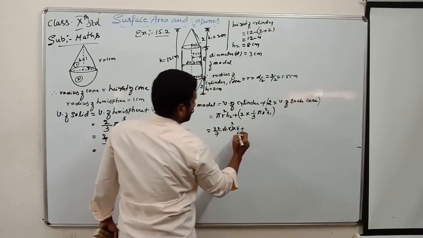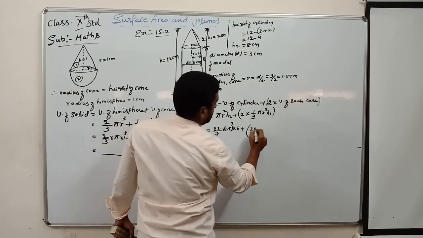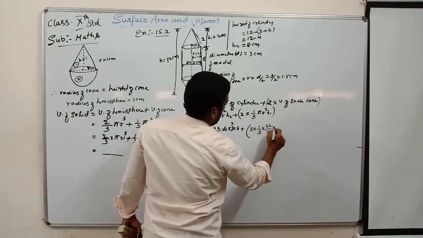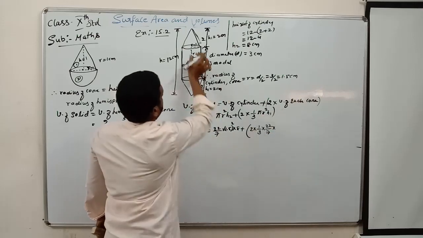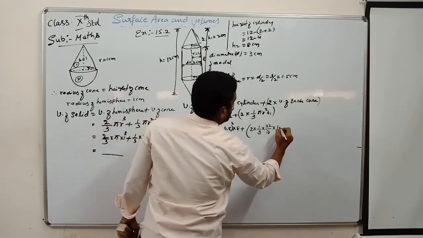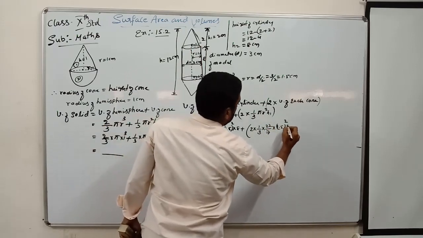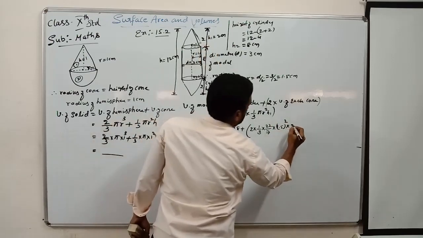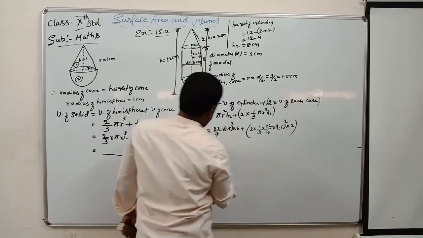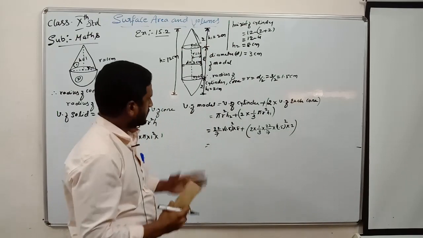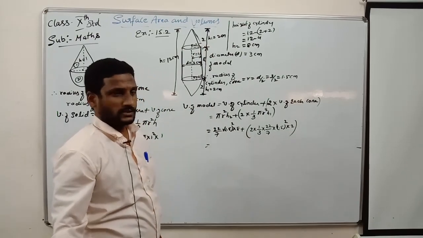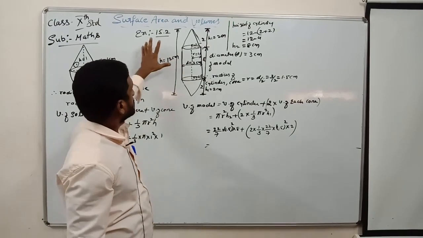Plus 2 as it is into 1 by 3 into 22 by 7. Again the radius of the cone is also the same, 1.5, so 1.5 whole square into H1, the height of the cone, that is 2. If you simplify like this, we are going to get the volume of the model. So understood now, children? This is the second problem.